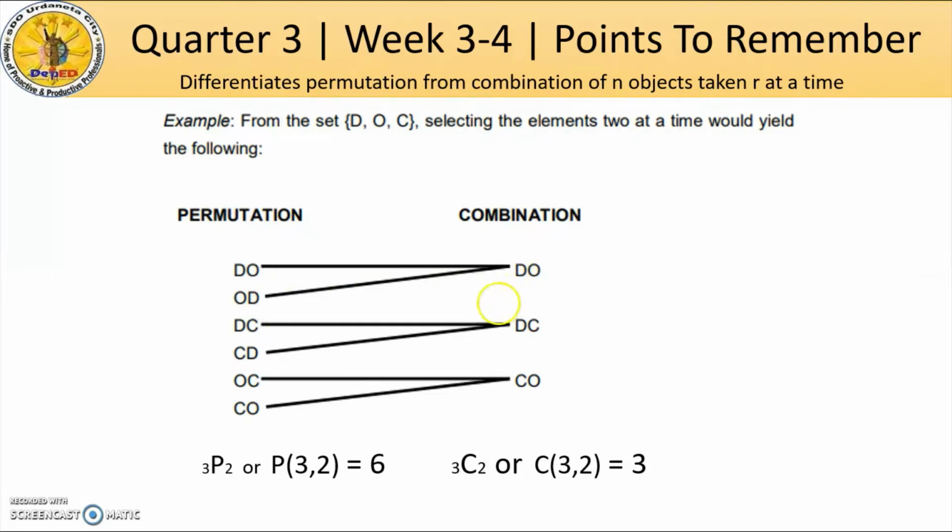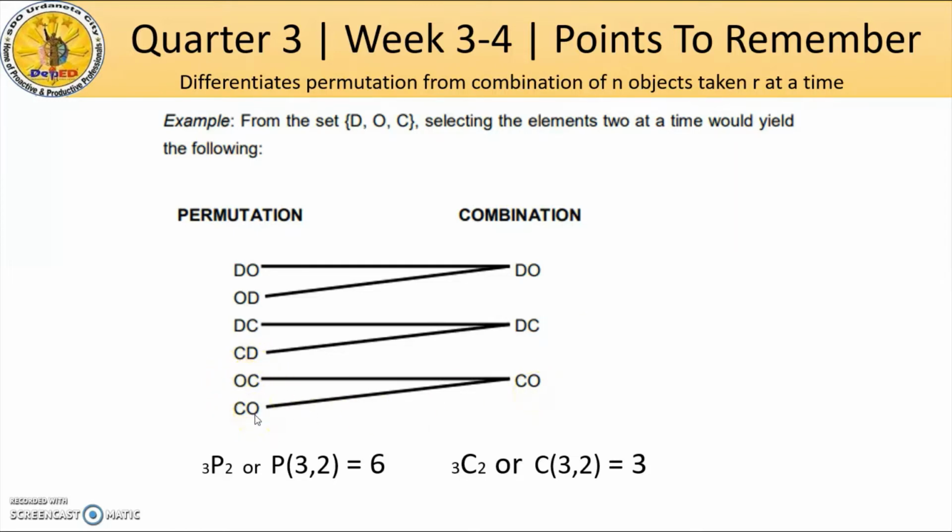Same is true with DC and CD, and OC and CO. They are only counted as one combination each, but they are two permutations each.